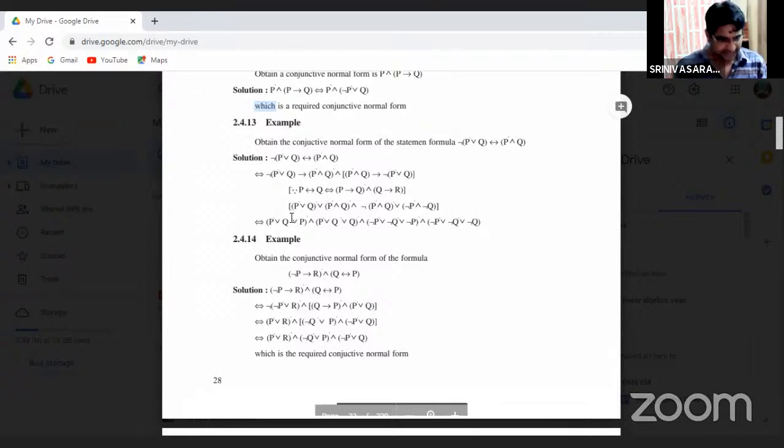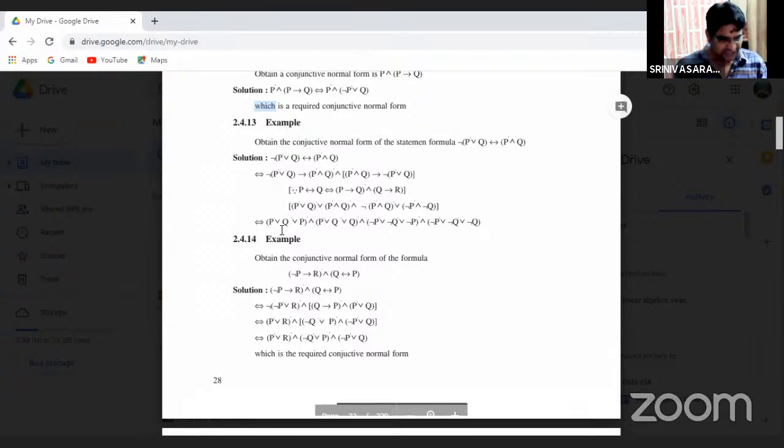Now, at the same time, here P or Q or P and Q, observe this one. Negation of P or Q means that is P or Q or P and Q, and the symbols automatically have to change. This is the disjunction, this is the conjunction, and the negation of this distribution. According to this, P, Q, and P, Q, P again is there.